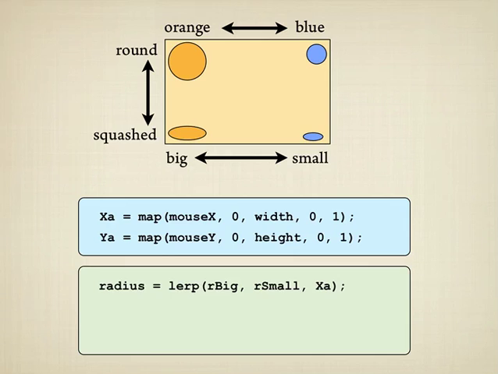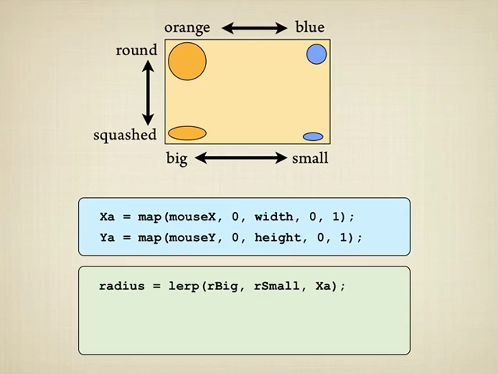So if I have some variables called rBig and rSmall, which are just numbers that I'll pick out of the air, maybe 20 and 10, to refer to the size of the radius, then this statement gives me back a floating point number between rBig and rSmall, which is scaled by the horizontal position of my mouse. And notice, because I'm using the global variable xa, which was set up inside of mouseDragged, I don't care what the size of the graphics window is. I just have a number between 0 and 1.